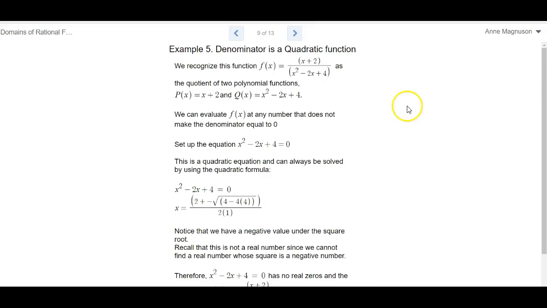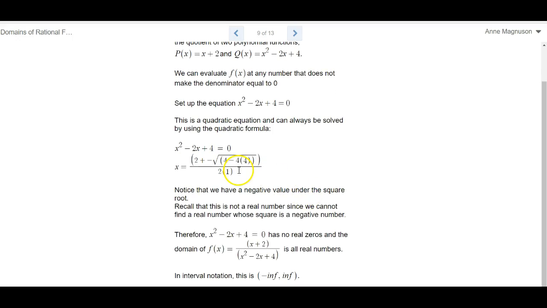This example has a quadratic function as a denominator, but this time it's not easily factored. So I'm going to use the quadratic formula because that works in any quadratic equation once it's set equal to 0. And notice that when I use the quadratic formula, I'm going to get a negative value underneath this radical sign.